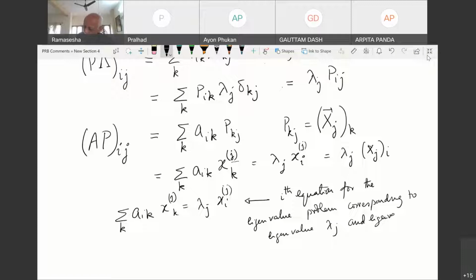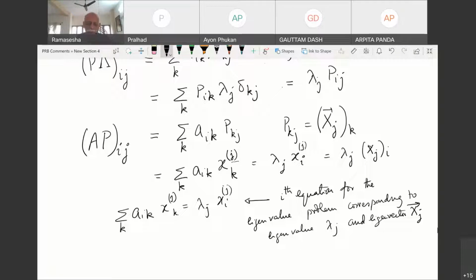Okay, so if I take the eigenvector xj, I have to sum over all components of eigenvector xj, which is xkj, sigma over k aik xjk, and that will give me the eigenvalue lambda j times the component of the eigenvector xij. Is it clear?